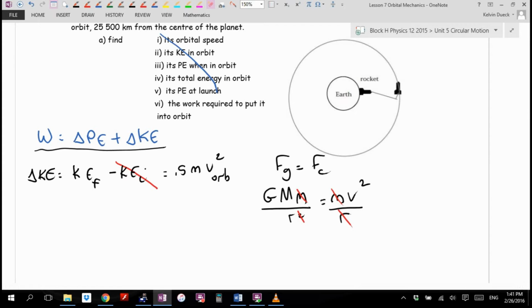Little shortcut, not a huge shortcut, sorry. You could actually crunch the numbers and use your answer button, you'll be fine. But for what it's worth, I already got the v squared by itself, so why don't I plug that over? That's going to give me this. The change in kinetic energy is going to be 0.5 m big G big M over r.